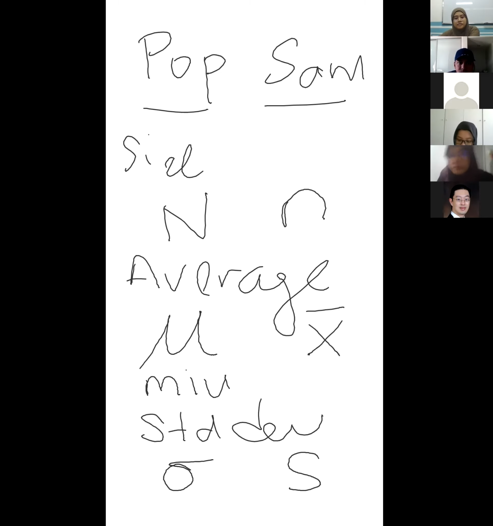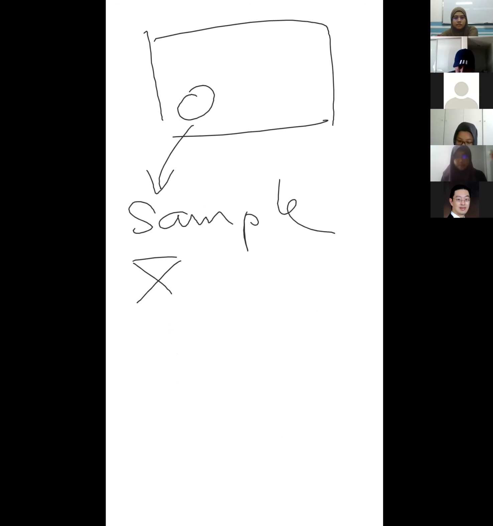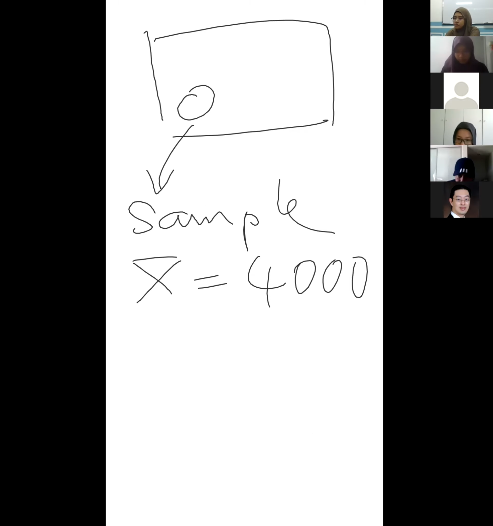Okay, now let's go to the new whiteboard again. Just now I said this is our population and we take a sample out. This sample has an X bar of 4,000 ringgit. Why don't we take the whole population?